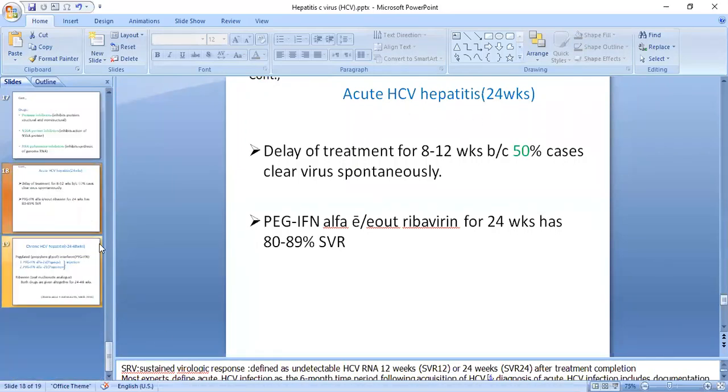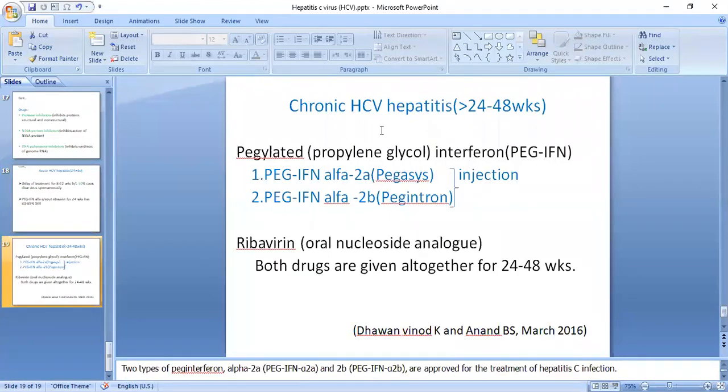However, in case of chronic hepatitis C virus, the treatment is longer, more than 24 weeks, up to 48 weeks, meaning 1 year, at least 1 year. And these interferons are given parenterally, by the subcutaneous method.